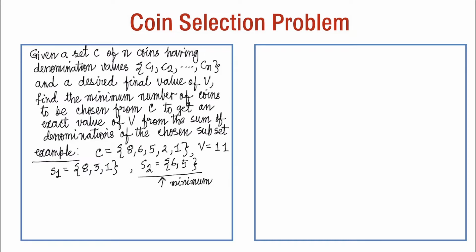There could be a case where for the same example, instead of this value, we give some other value, and that value may not be obtainable. That means there may be no subset which obtains exactly the value that we want. In such a situation, the problem will return nothing.